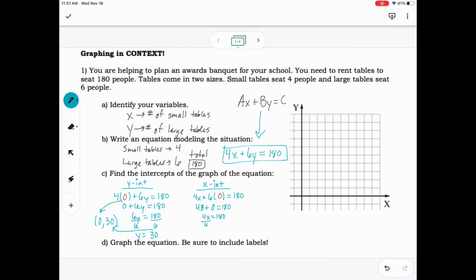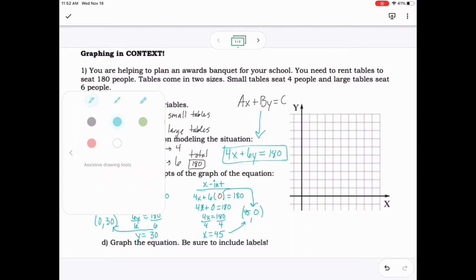And then dividing both sides by 4 gets me 45. Okay? And so same thing, I want an ordered pair. So 45 is what I got out because it's our x. And our y is what we put in, which is 0. Okay? So now I have my 2 ordered pairs that I'm going to graph.